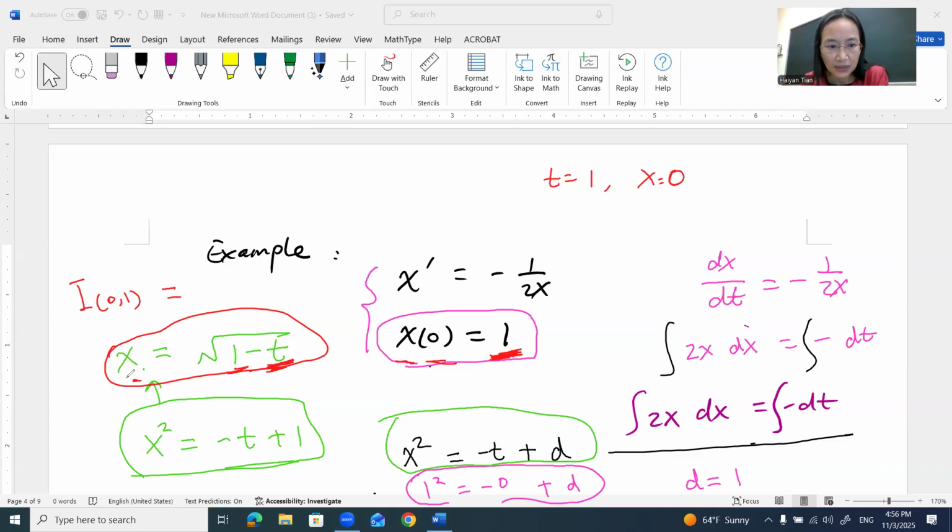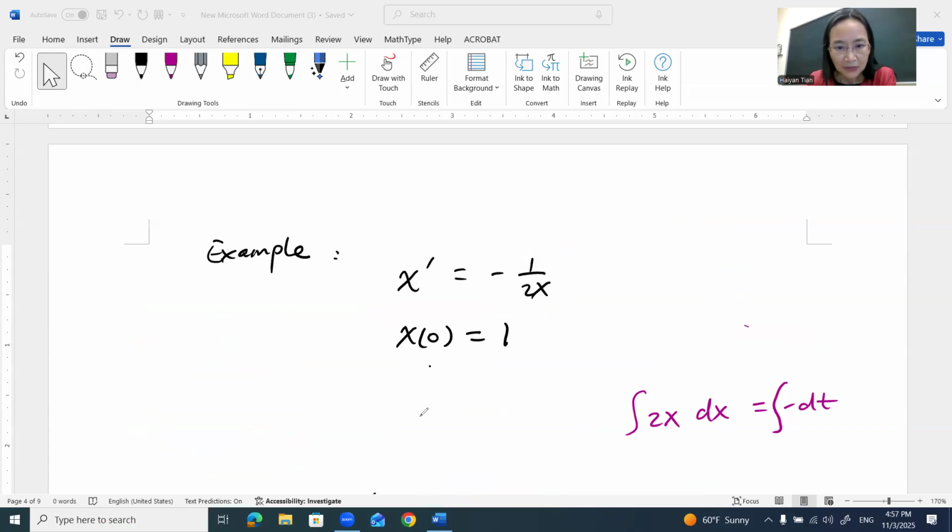Because in that case, when t is 1, x is 0, then this point 1, 0 is not belonging to the domain of the vector field, because that doesn't make the vector field defined. So for this problem, after we found a solution, which is x equals square root of 1 minus t, then we know t cannot be 1.